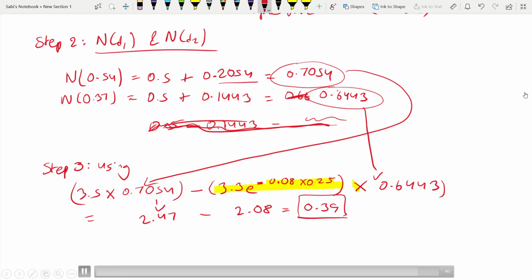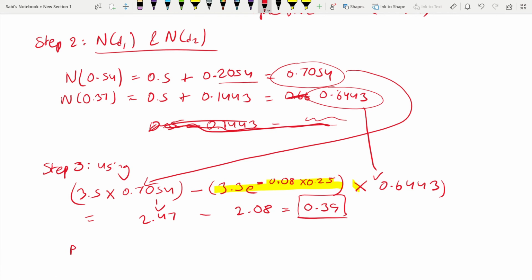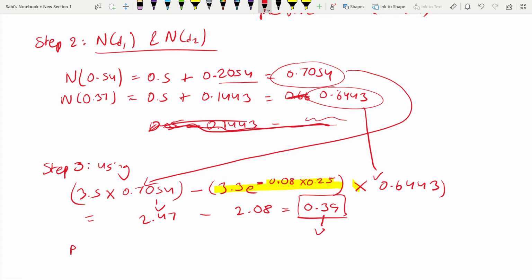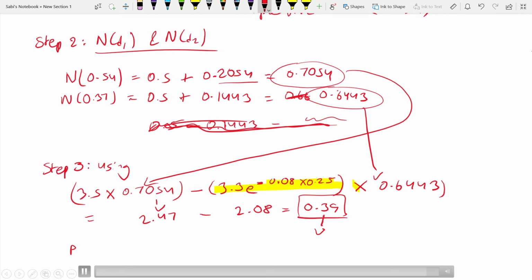If you are having a put option, there is a formula for that also. You have to use this call option value and find the value of the put. For put, you don't have to do any additional thing, because we know the exercise price, the share price, and the ND1 and ND2; everything is found out before when we were calculating the call option. So it does not matter whether call or put option, the steps are similar. The only thing is, for put option, one extra line is included.